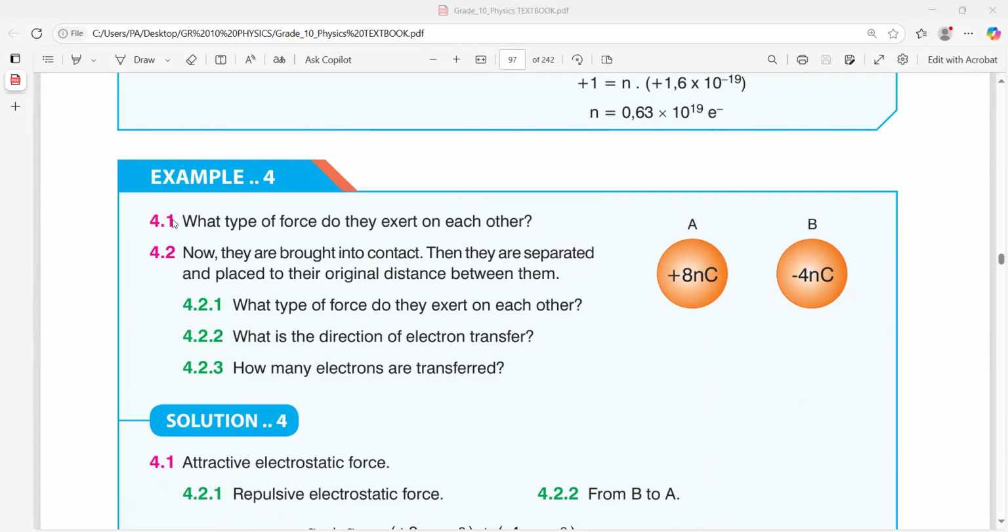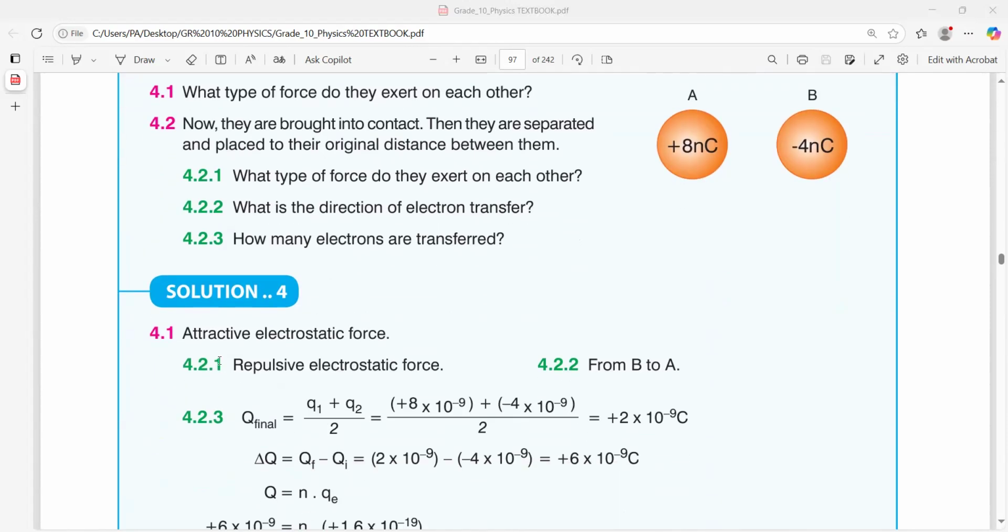What we know is, if you have different charges, positive and negative, they have attractive electrostatic force. So as an answer for question 4.1: attractive electrostatic force. Why? Because you have positive and negative charge.